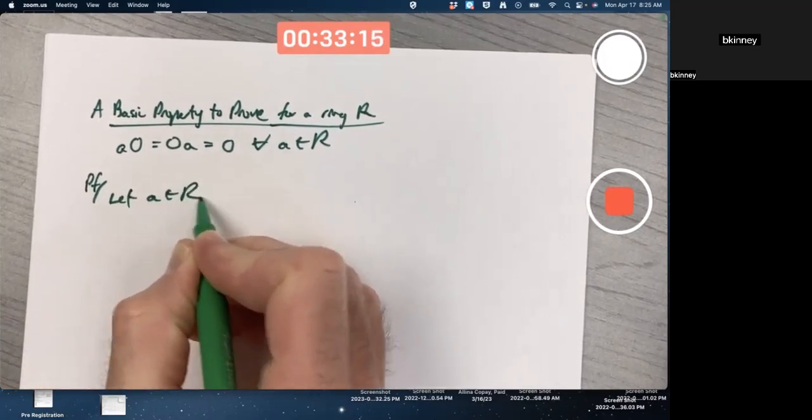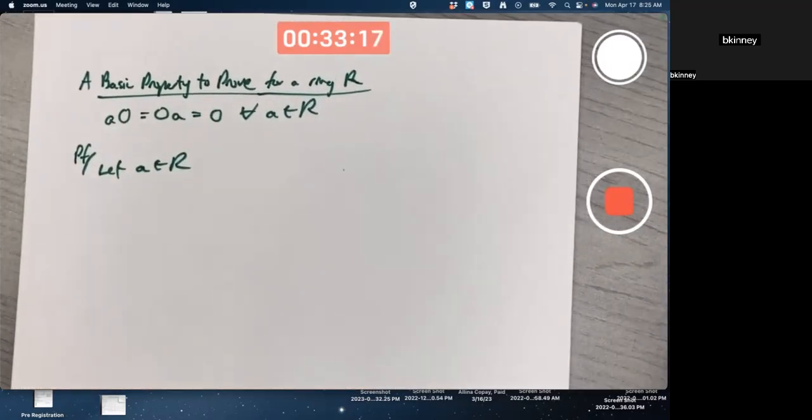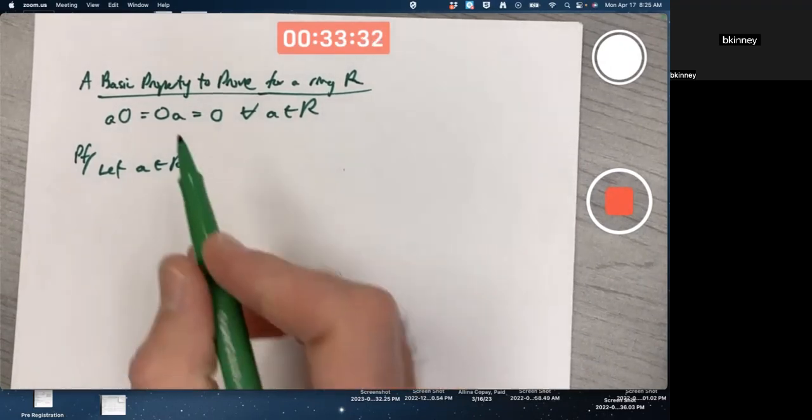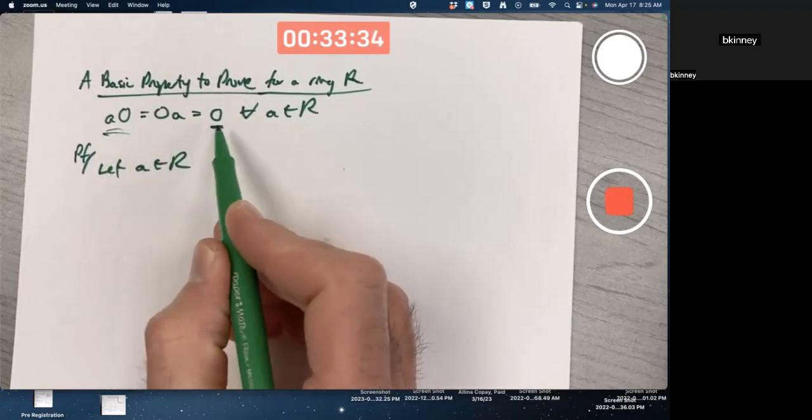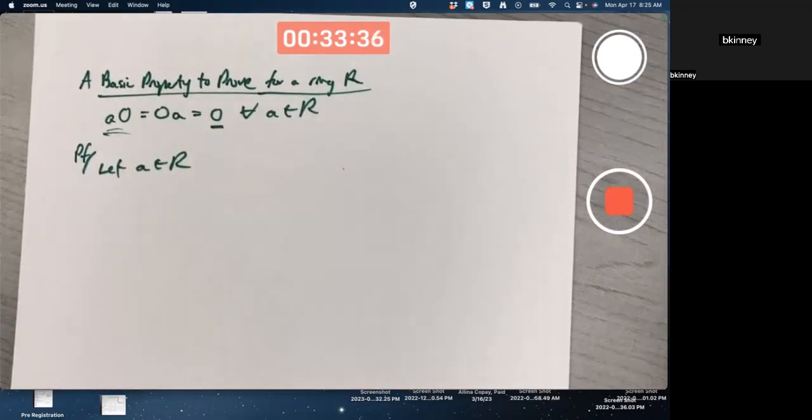Let's see if I can do it from scratch here without looking in the book. So we've got a ring R. It definitely has a 0, because that's part of the definition. Let A be in R. I want to show this is true. So what's the trick? I'm trying to show, for example, A times 0 is the additive identity. Okay, there are different ways to do this.